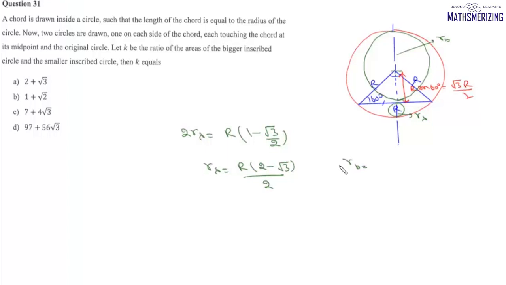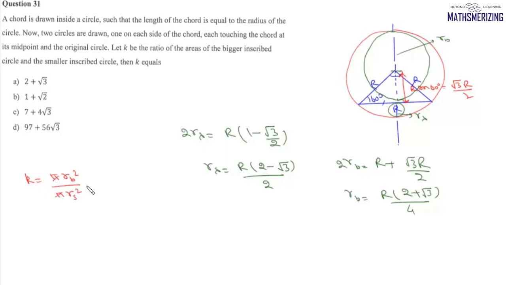So its diameter, which is 2 times R big, will be equal to this R plus this length, which is root 3 R by 2. So from here we'll get R big as R times (2 plus root 3) by 4. Now we need to find the ratio of their areas, and this ratio is equal to K. So we can write K as pi R big square upon pi R small square.